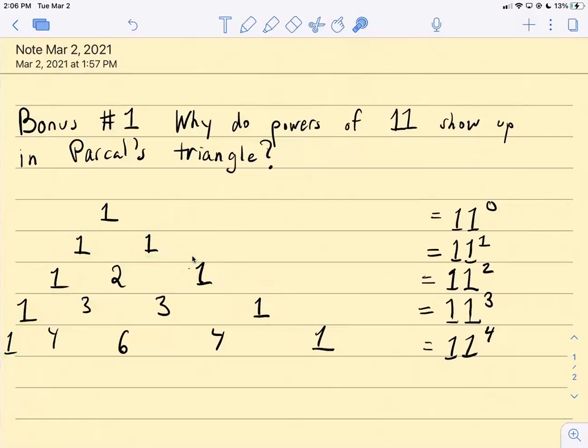So there's a lot of things you can do with the binomial theorem. In general, let me just show you one example. x plus y to the third power. Can you guys message me in the chat, what would be the expansion of x plus y to the third power?